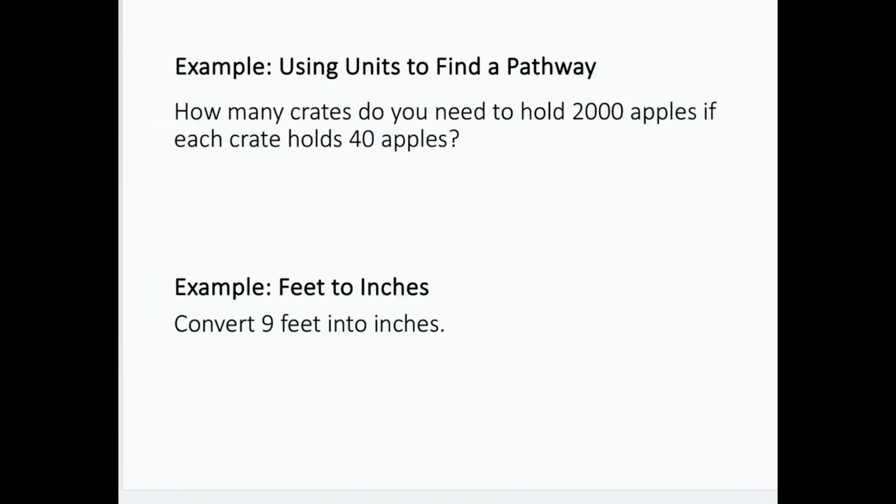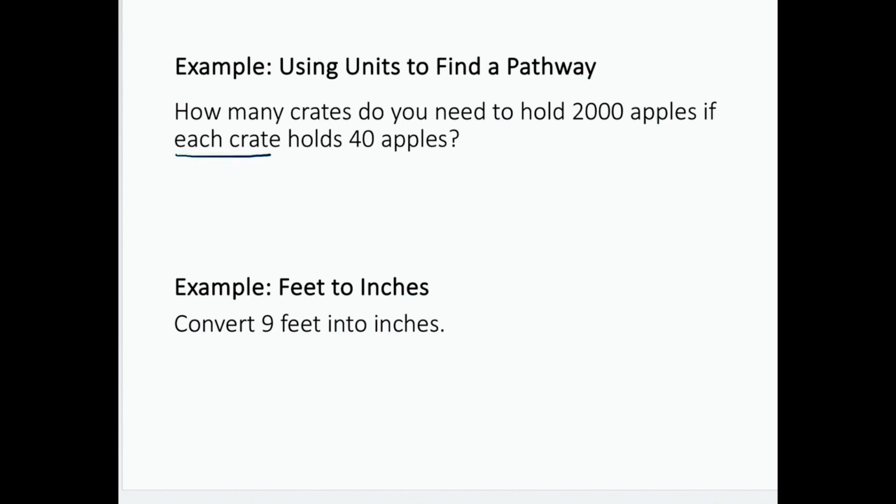So let's look at this example here that says using units to find a pathway. The question says, how many crates do you need to hold 2,000 apples if each crate holds 40 apples? So in this question, even though it doesn't explicitly say what the conversion factor is, when you read this, you see that there's an equivalence in here.